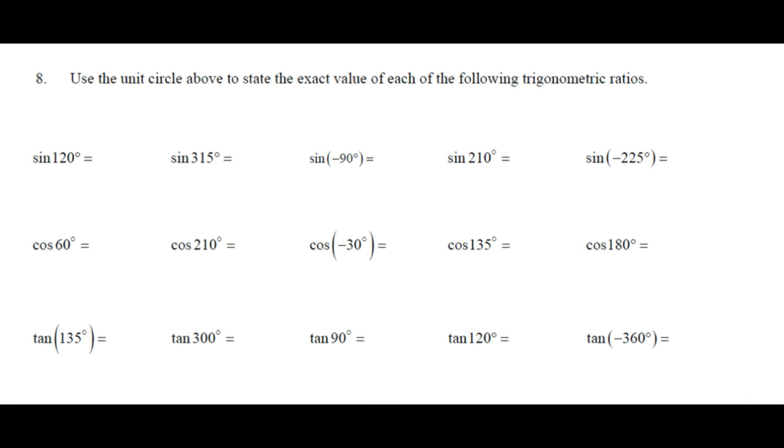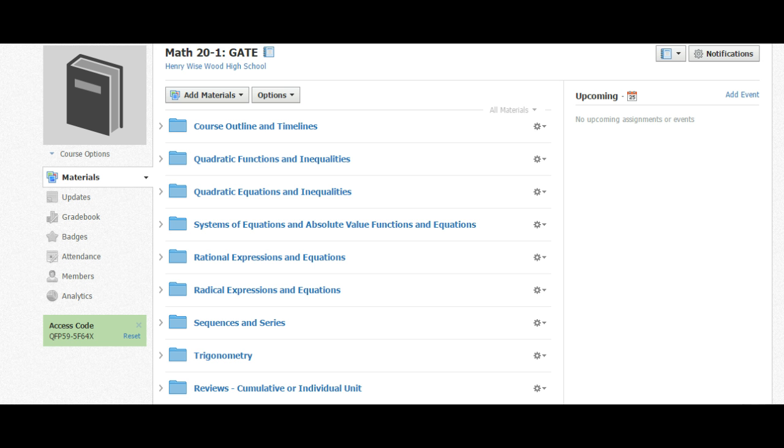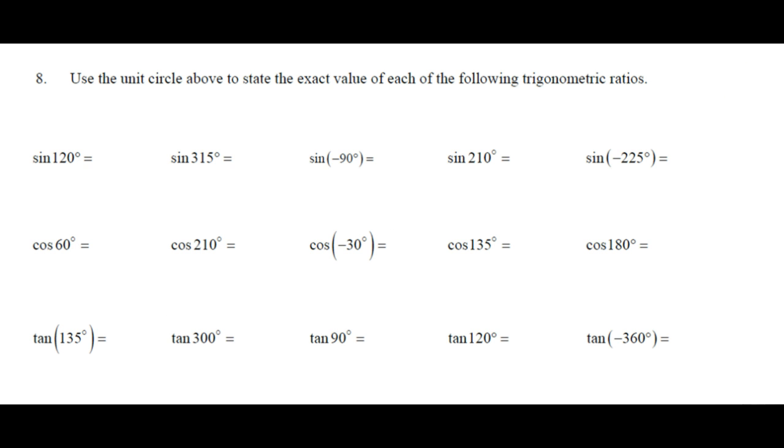Use the unit circle above or on the previous page to state the exact value of each of the following. So when we say exact value, how many decimal points is that? None.